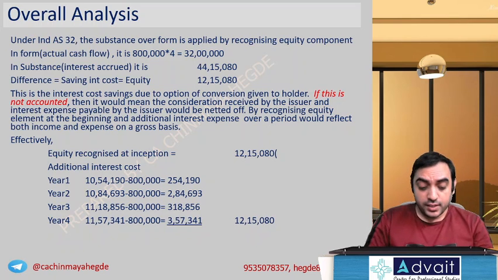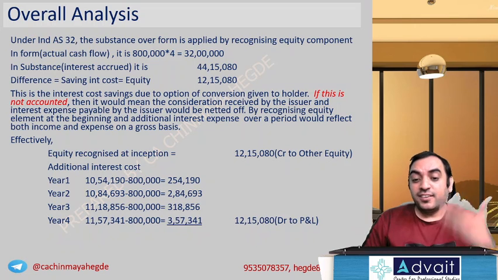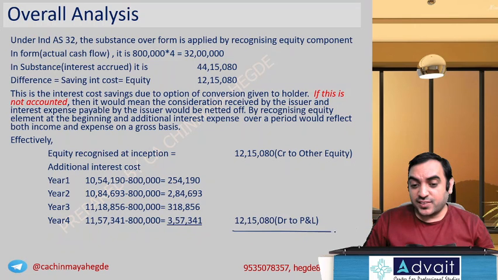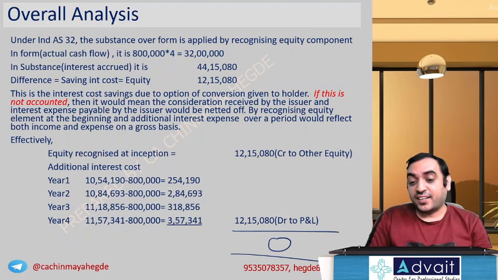So this 12 lakh equity portion is a credit to other equity, and these other amounts are debits to P&L. Effectively, overall, your other equity would remain the same. Your reserves and surplus, the net worth of the company overall, is not affected. But every year, reporting matters.